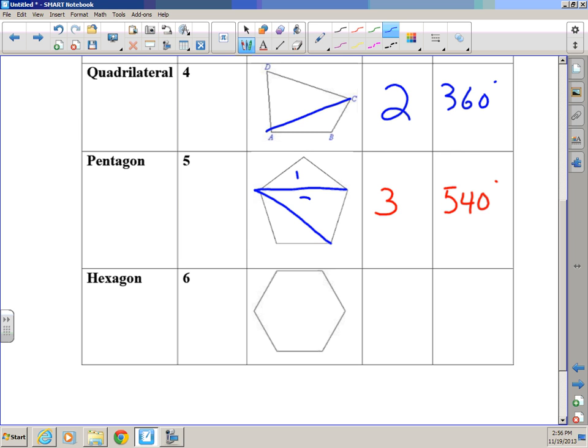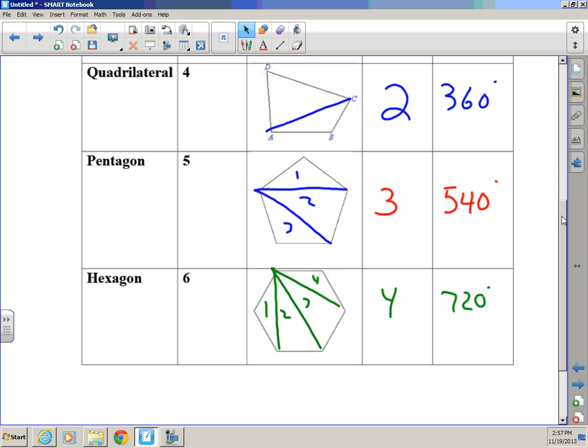It doesn't matter. I still have 3 triangles. And then finally, for a hexagon, which has 6 sides, I'm able to form 4 different triangles, which brings me up to 720 degrees.